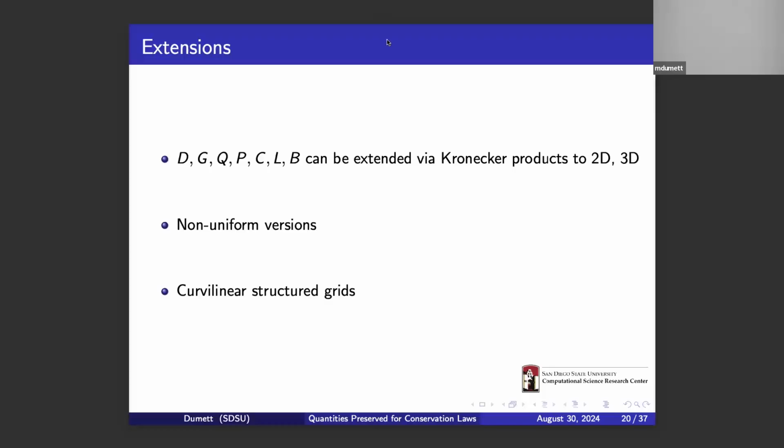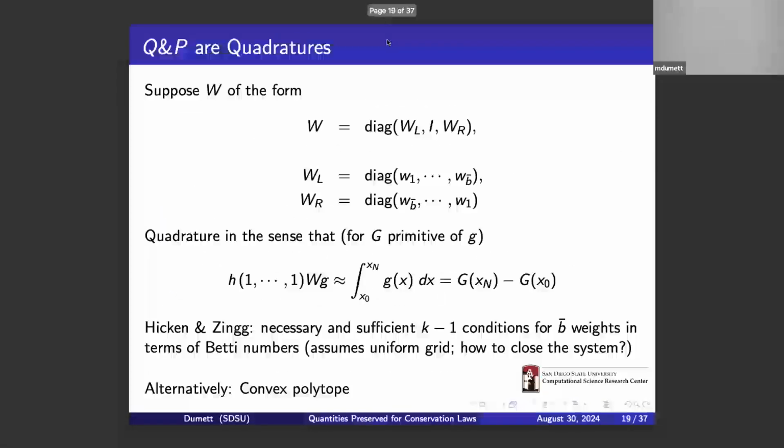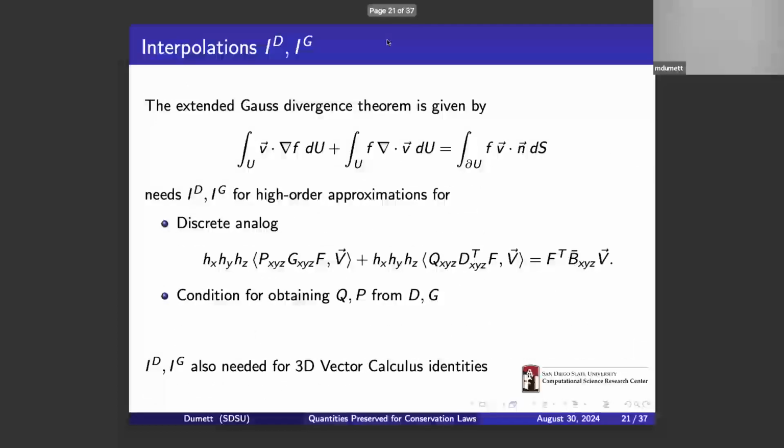We are able to construct non-uniform versions, because all of these assume that you have a uniform grid, and you can actually extend to curvilinear structured grids. So all of this extends very rapidly. Okay, and the extended theorem, if you construct the discrete analog of this, will be something like that. It's a little bit more complicated.